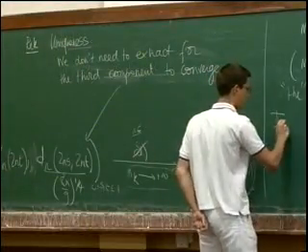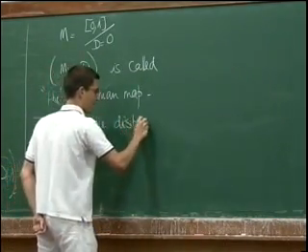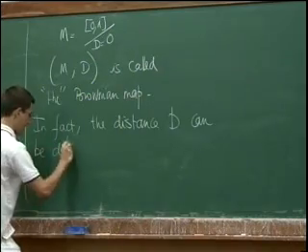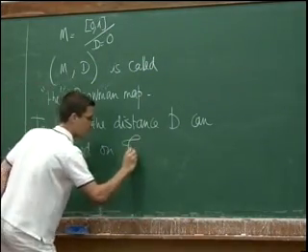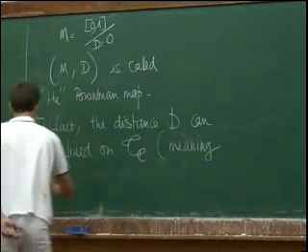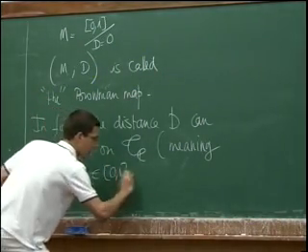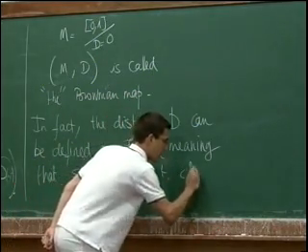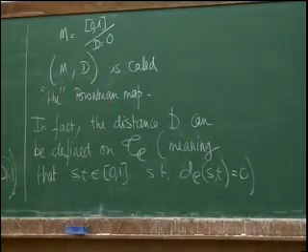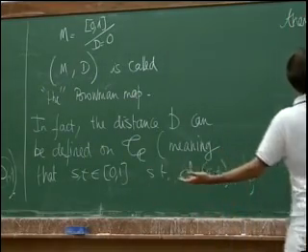So in fact, the distance d can be defined on T_e, meaning that if s and t are in [0,1] such that they represent the same point in the tree, then the distance between these 2 points is 0.